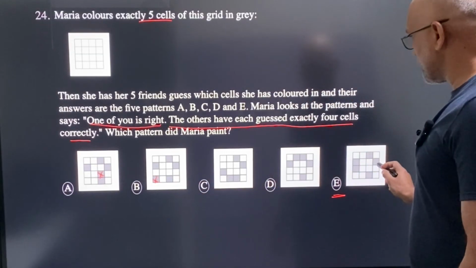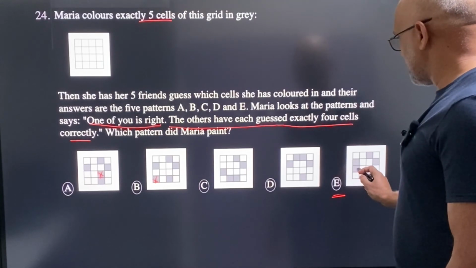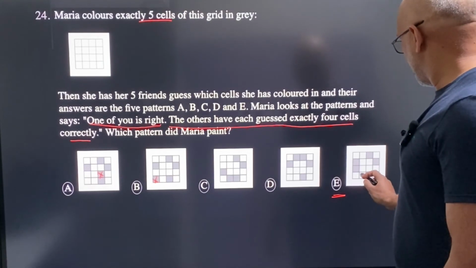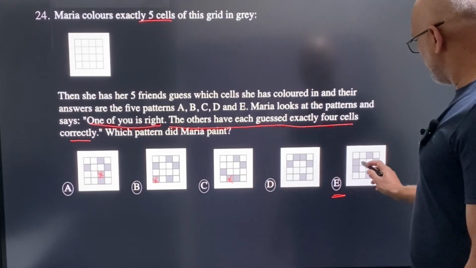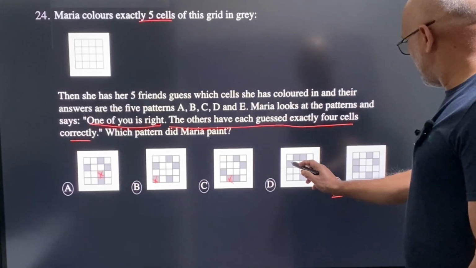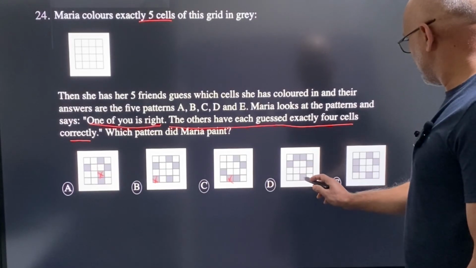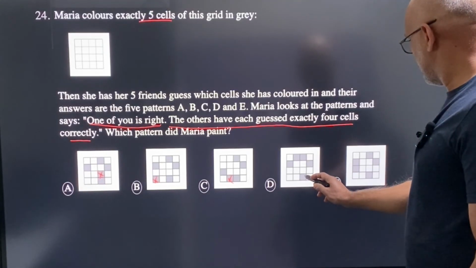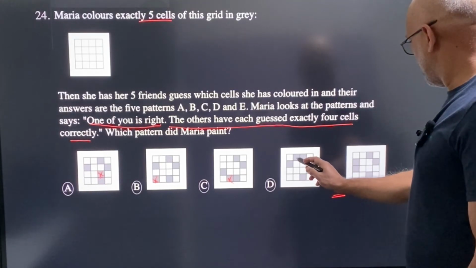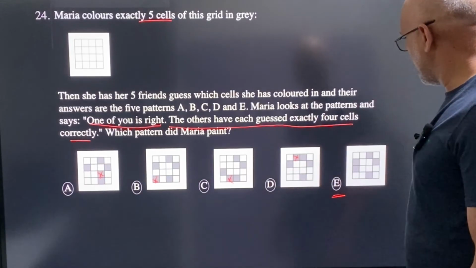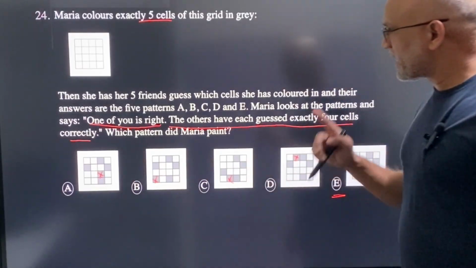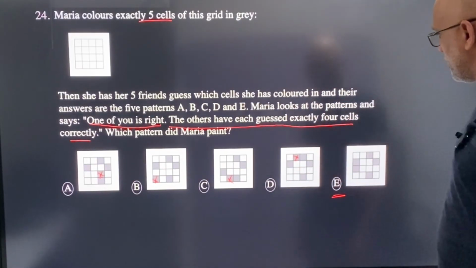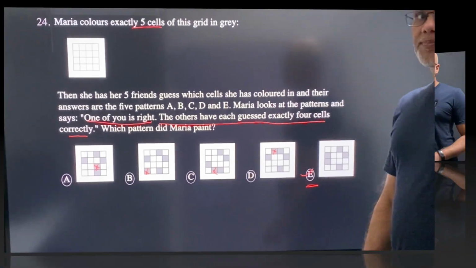Here, these two are the same. This is the same. This is off. Here, these two are the same. This is the same. This is the same. This is off, right? So if we assume this to be correct, these 4 have exactly 1 cell off and 4 right, then E is the correct choice.